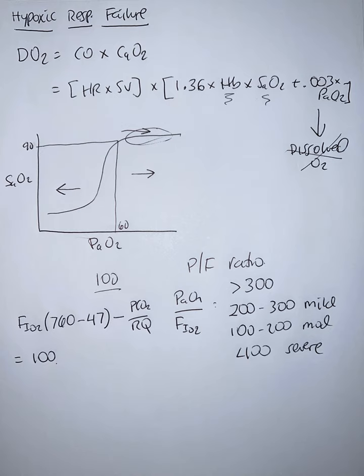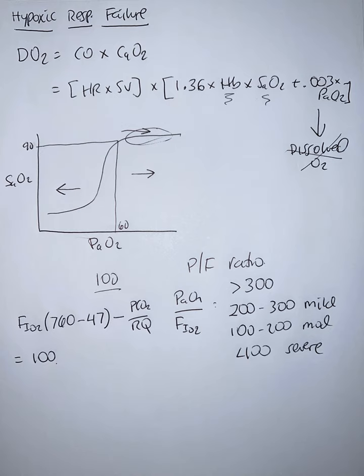If it's more than 300, you should be okay. Between 200 and 300 is mild. This is the definition for ARDS, mild hypoxia. Between 100 and 200 is moderate hypoxia, and less than 100 is severe hypoxia.